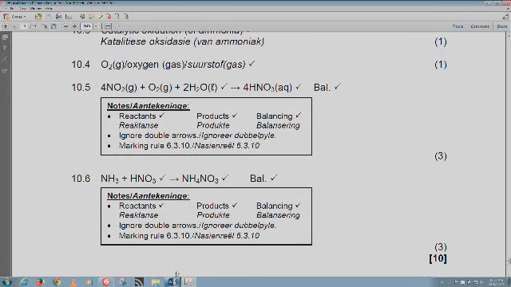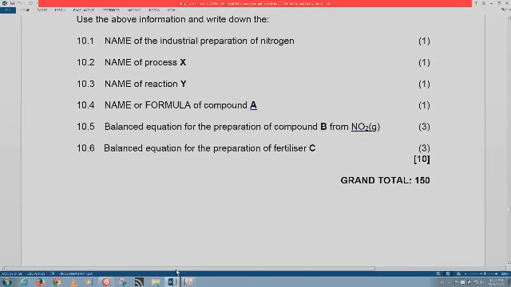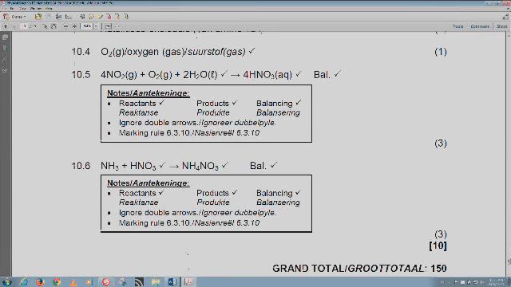And then the last question of the paper, which is 10.6, write down the balanced equation for the preparation of fertilizer C. Preparation of fertilizer C, NH3 plus HNO3, 1 mark for the reactants, forming NH4NO3, 1 mark for the products, and then not writing any number for balancing or writing the correct multiples there, it is the 3rd mark for the balancing there.